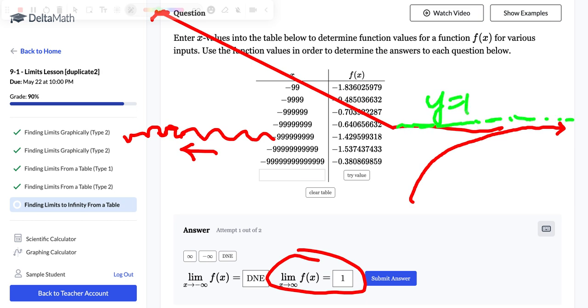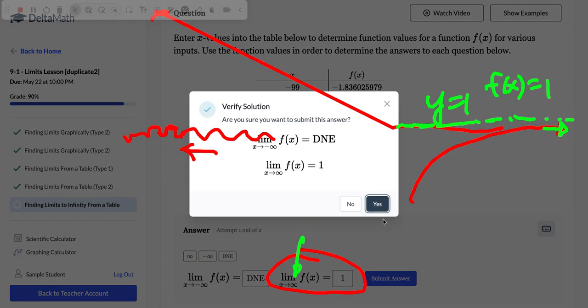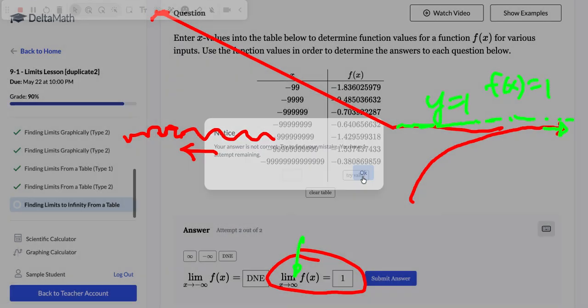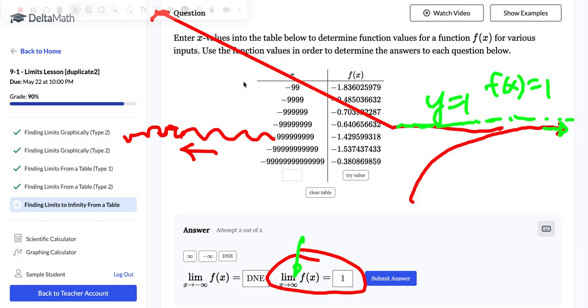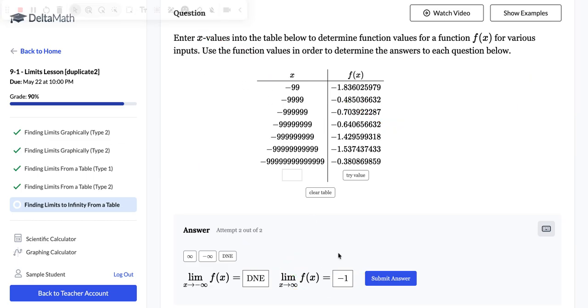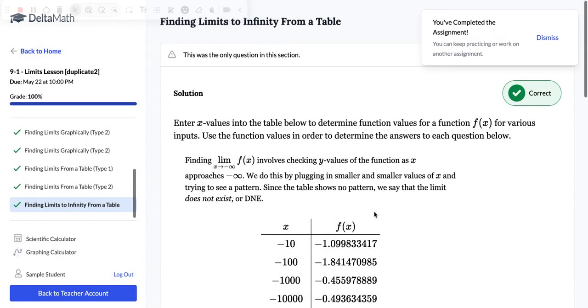So this is an illustration of how when the x goes to positive infinity, the function, and y is always about the function, is headed closer and closer to 1. Oops, what's my mistake? I think I was supposed to say -1. Okay.